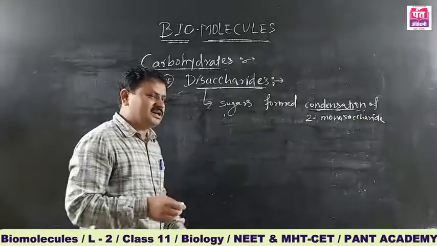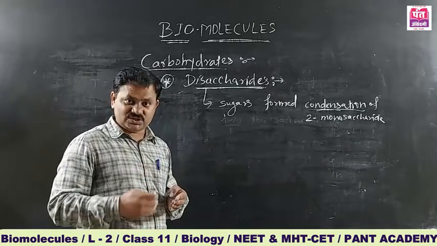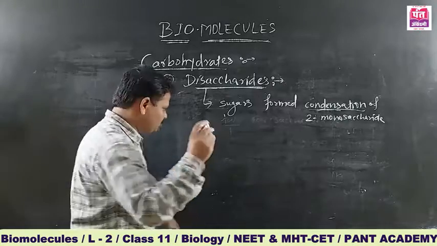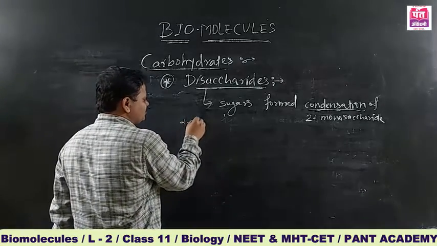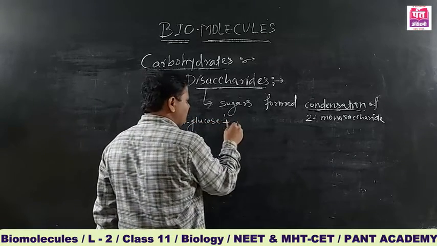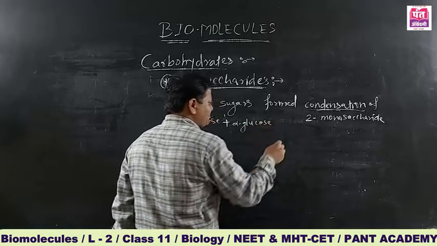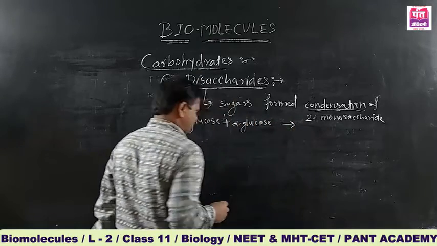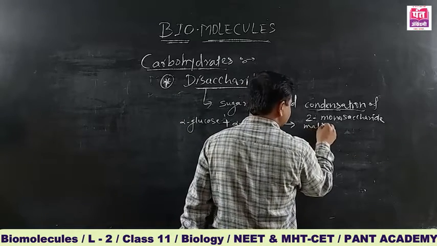When we think of the simple and very common hexose sugar, glucose, two glucose molecules, an alpha glucose plus another alpha glucose, come together and form a disaccharide, and that disaccharide can be maltose.